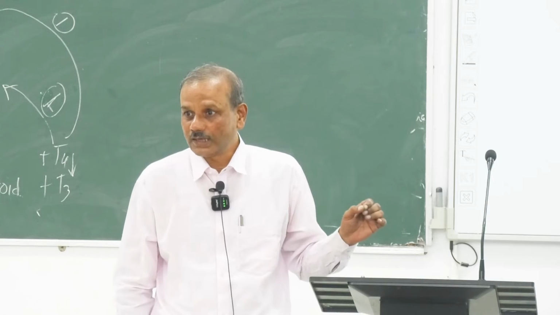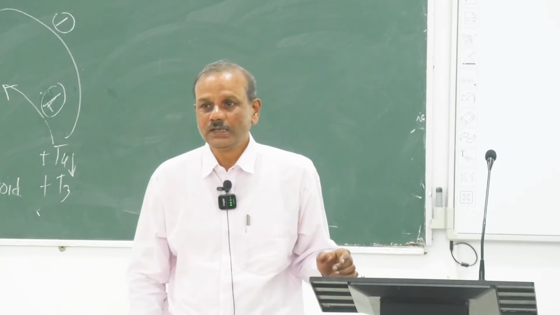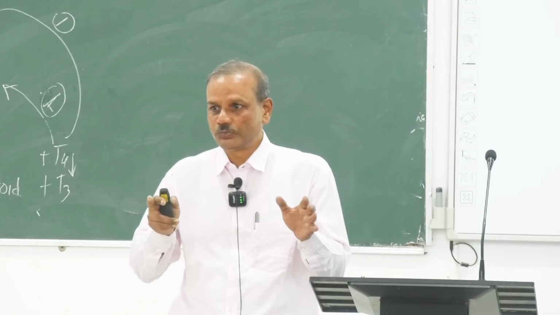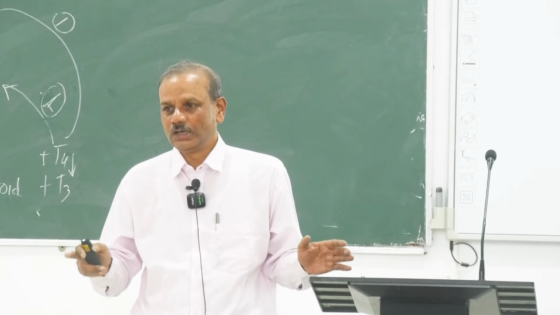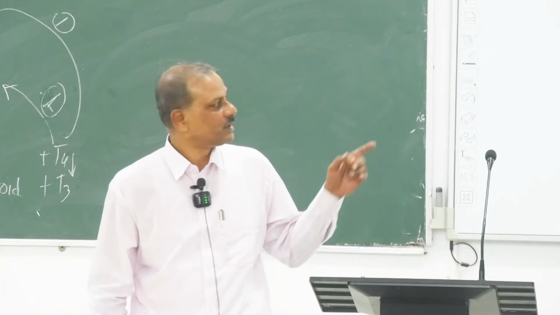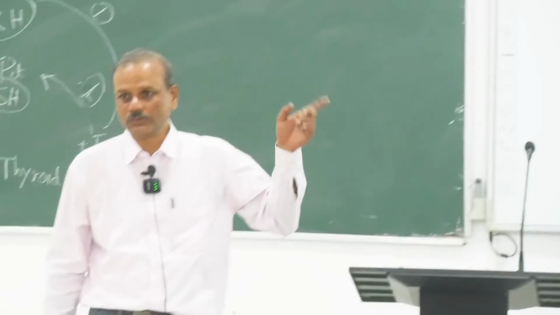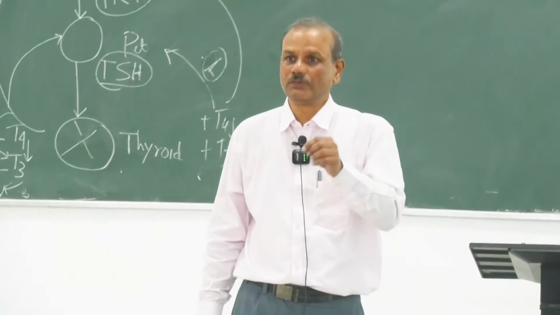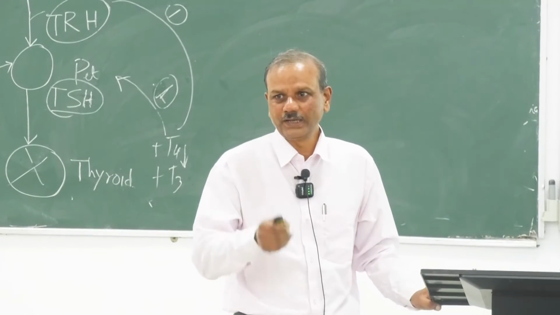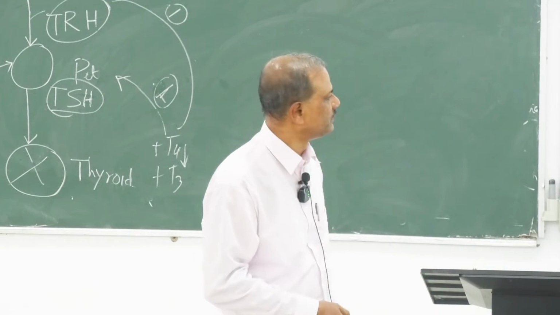The trick is here, the lower half of the normal range. Why? Because it's a progressive disease. There will be progressive autoimmune destruction. So just to prevent that, you keep some amount of buffer so that the TSH is brought down to normal and preferably in the lower half of the normal limit. But do not overtreat. Do not bring it down below the normal limit.